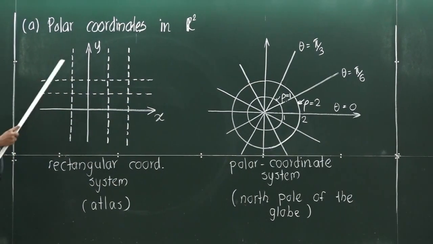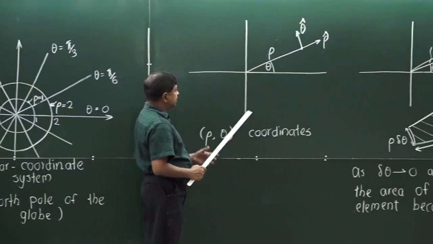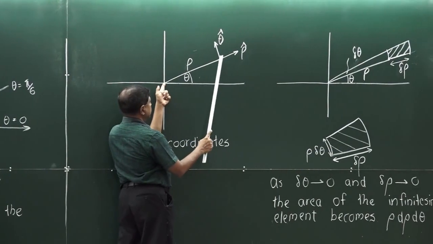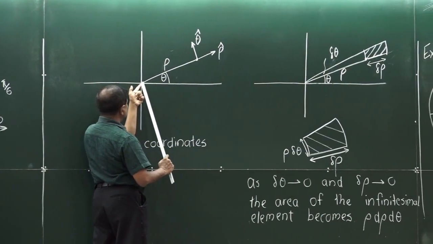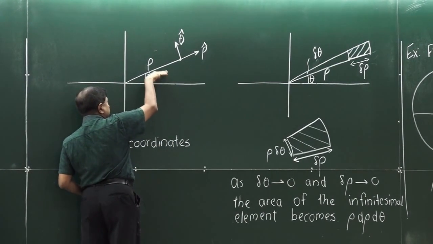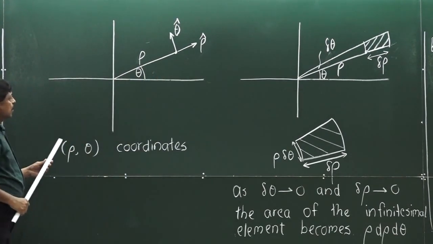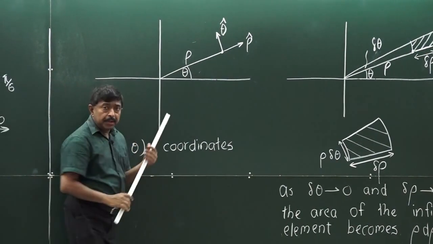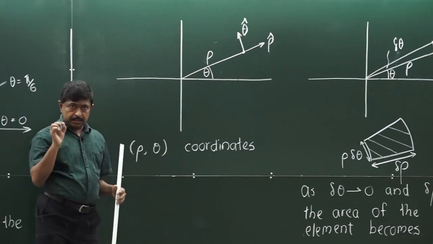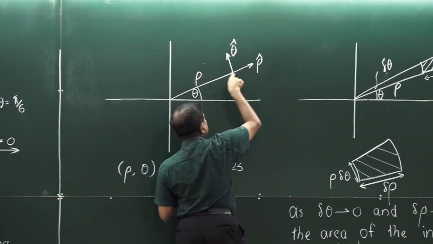Now, if you move further, in the polar coordinate system you can see this distance is rho. If you take any point here, the distance from the origin to this point is rho. The anticlockwise angle from the positive direction of x is theta. If you want to increase rho, the distance from the origin to any point on the plane, you have to move further away like this.